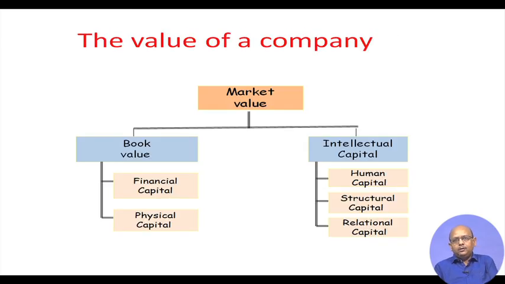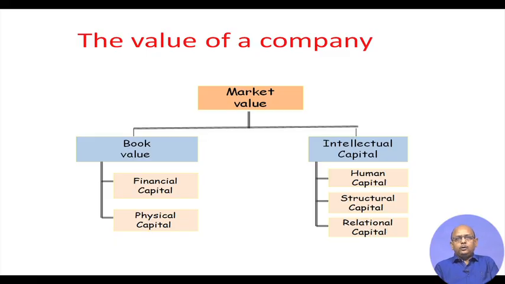Now, when we look at the market value, I have already talked about this concept, that market value is a combination of both book value as well as intellectual capital. Intellectual capital includes human capital, structural capital and relational capital. When we discuss the book value, we basically measure the value of financial capital and also the physical capital.